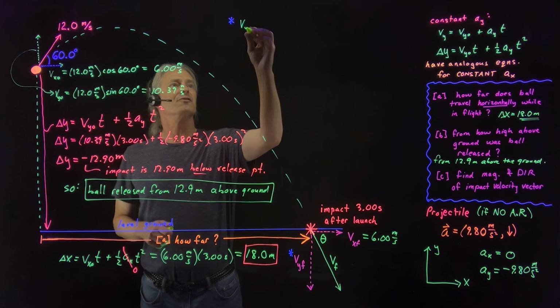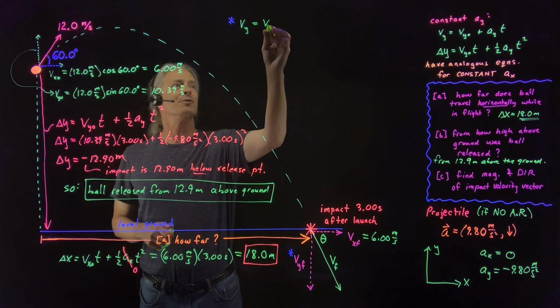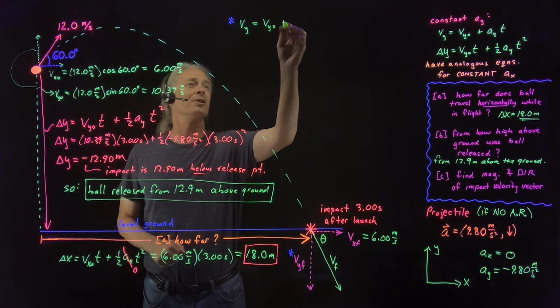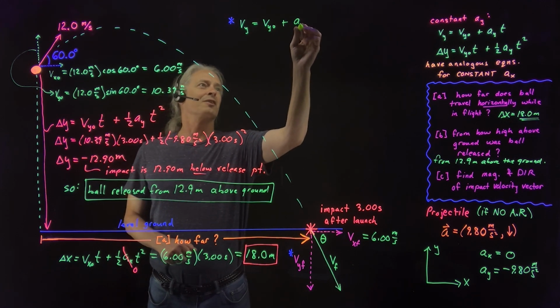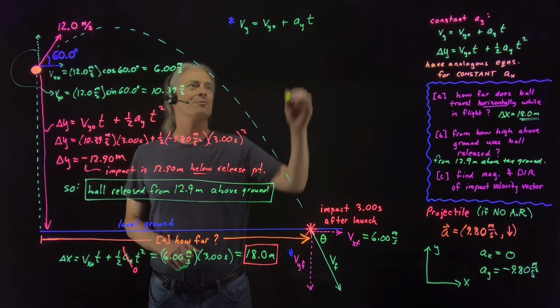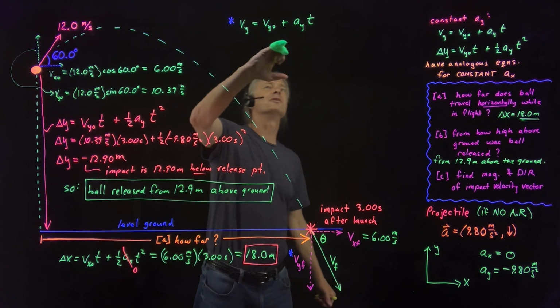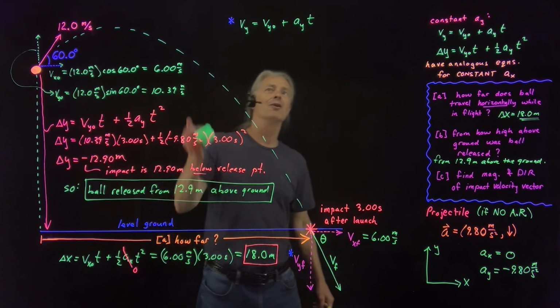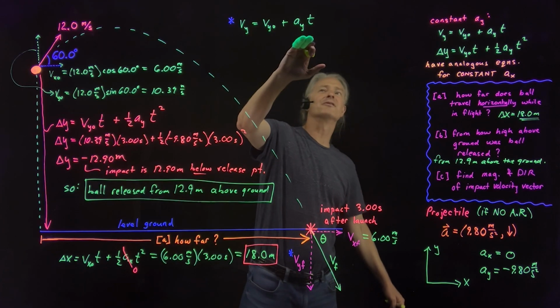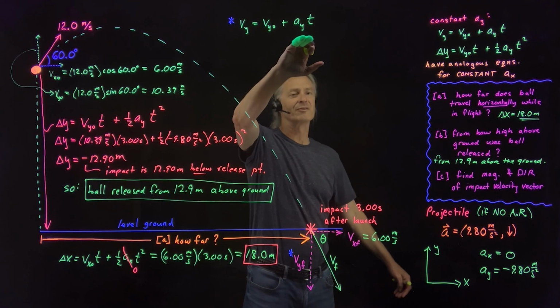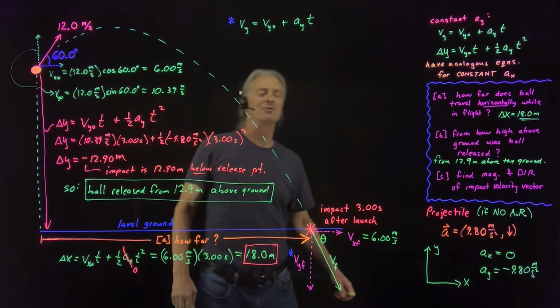The y component of the velocity will be the y component of the velocity at time 0 plus the y component of the acceleration times the elapsed time. In other words, the y component of the velocity at time t will be the y component of the velocity at time 0, plus however much the y component of the velocity changes due to the y component of the acceleration during the elapsed time t.